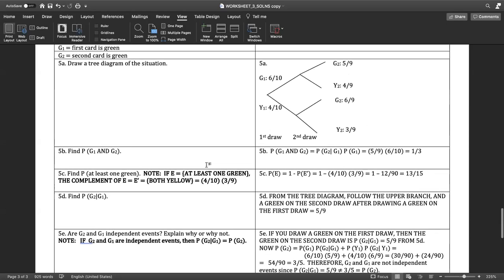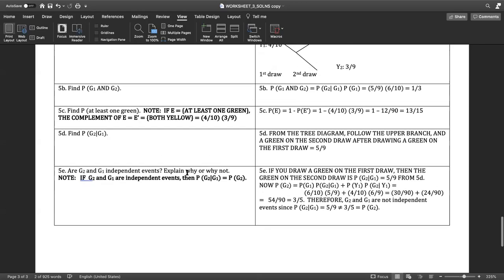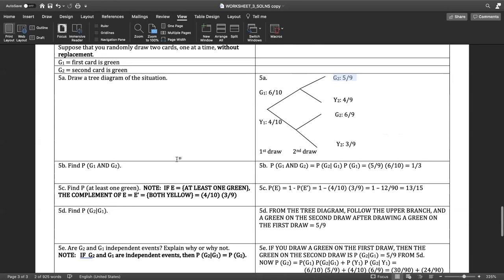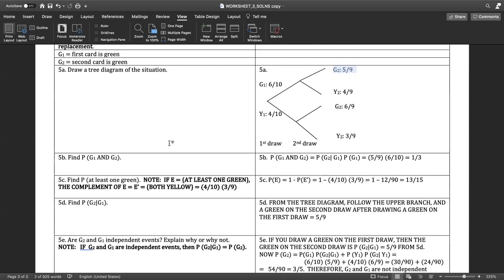Okay, and then this tree gives us the conditional probability that we get a green card given we chose a green card on the first draw, and that's 5/9, straight from our tree diagram. And then is getting a green card on the second draw independent of getting a green on the first draw?